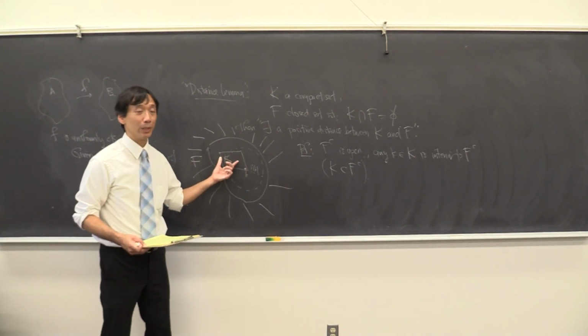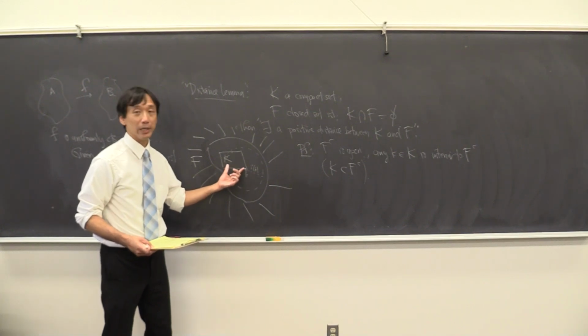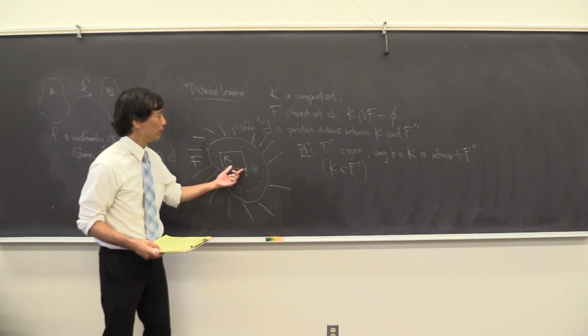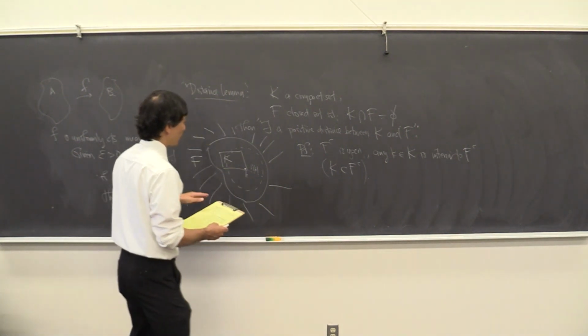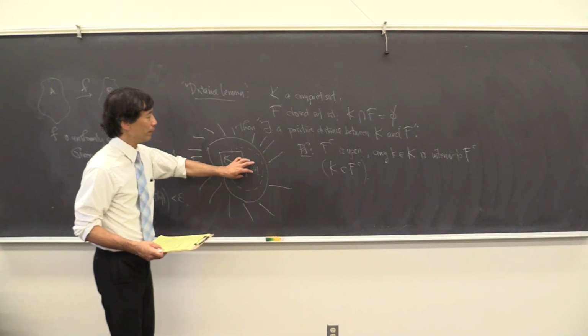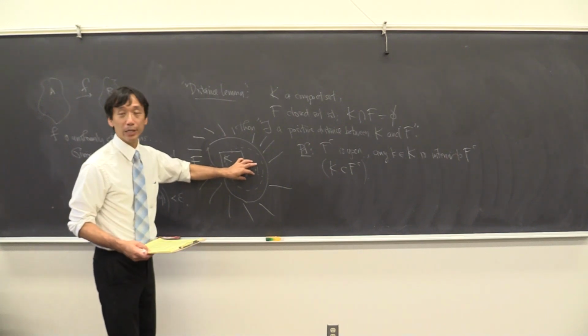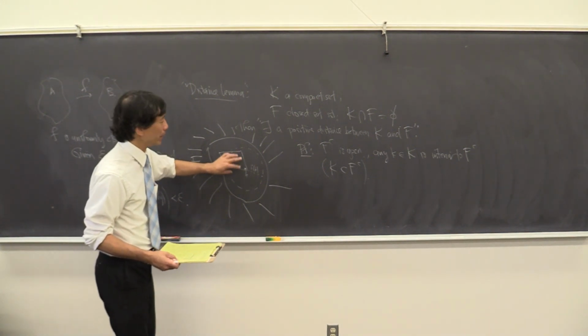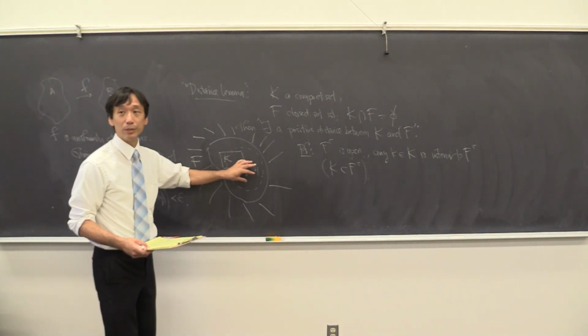You cover everything with those neighborhoods, and then you get a finite subcollection. Then you take the minimum of the radii that are left, and take half of that, and that radius will do it for you.